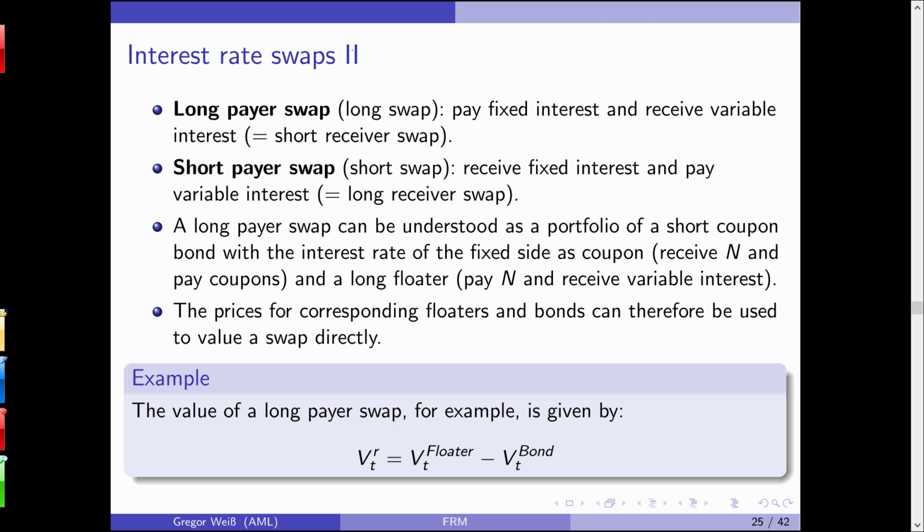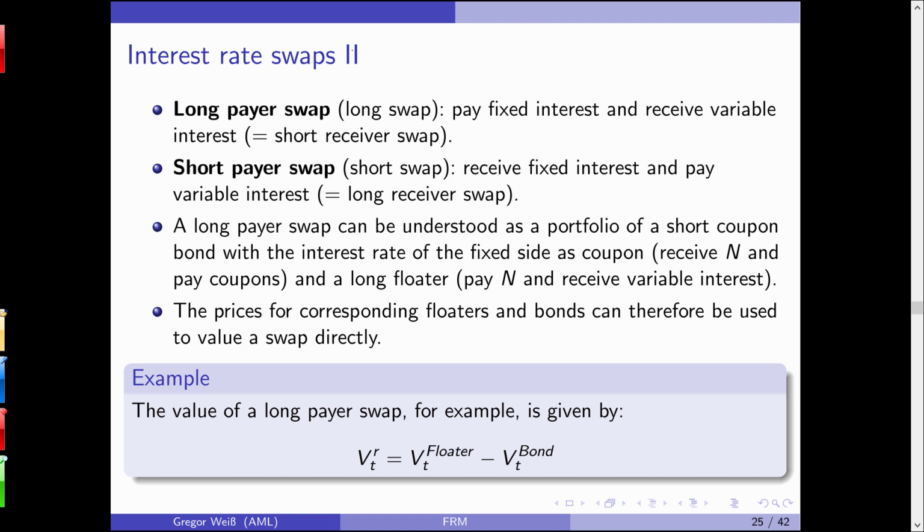A long payer swap can be understood as a portfolio of a short coupon bond with the interest rate of the fixed side as coupon and a long floater. So you can see that even though this is a more complicated financial instrument, valuation is actually quite simple because you have two legs, we call them the two legs of the swap. We have one leg that receives and one leg that pays fixed interest payments. And one is a coupon bond, the other is just a floater.